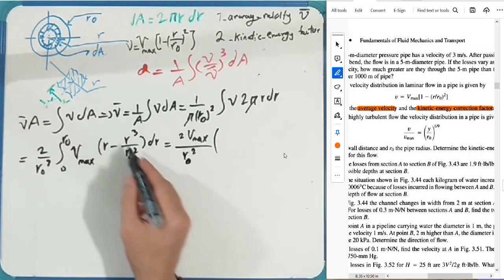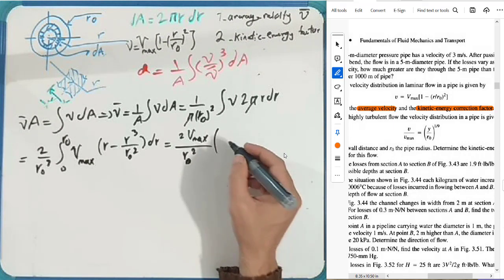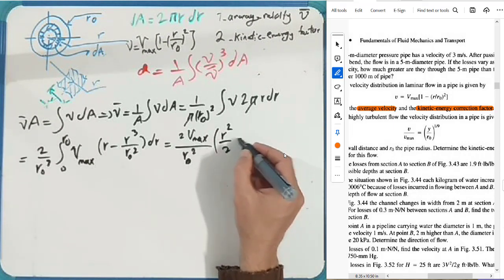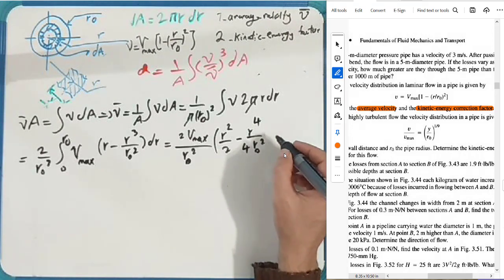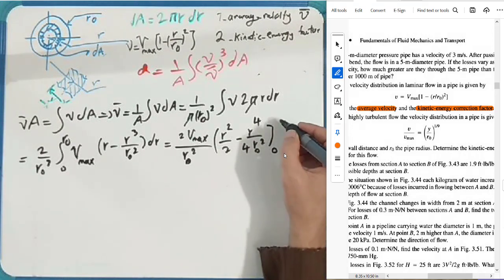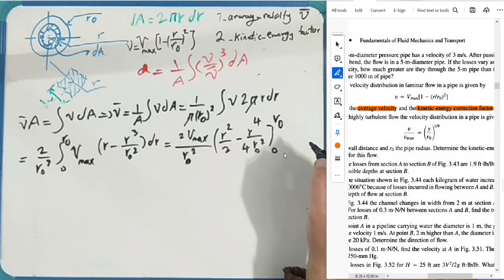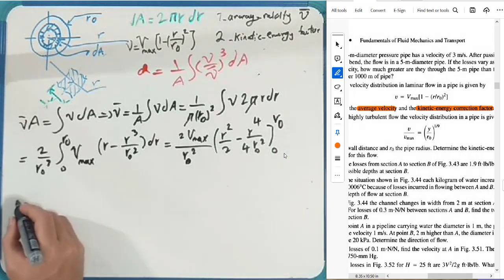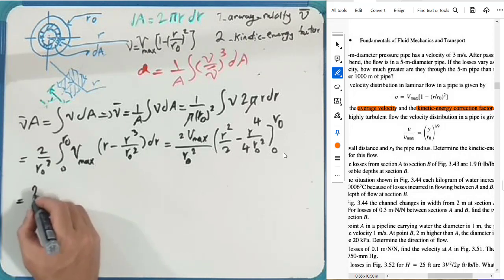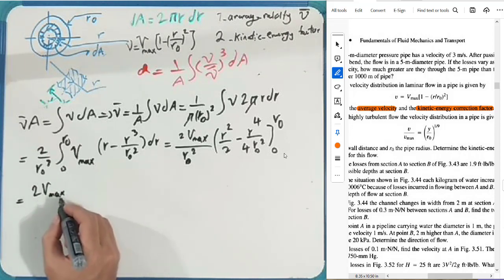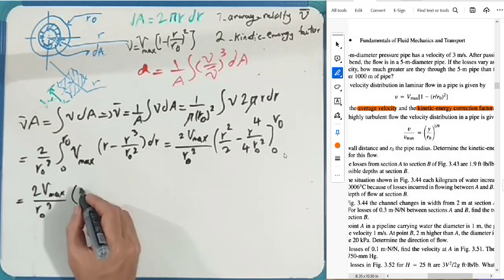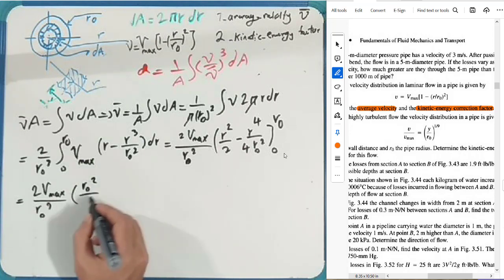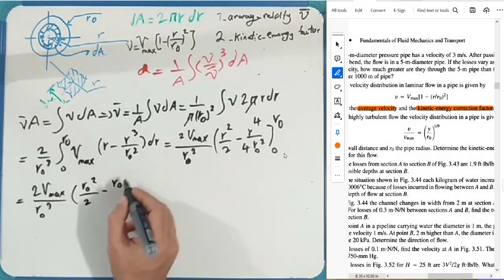If I integrate these two terms, it would be r²/2 minus r⁴/(4R0²) from 0 to R0. Okay, the answer will be 2Vmax over R0² times (R0²/2 minus R0²/4).